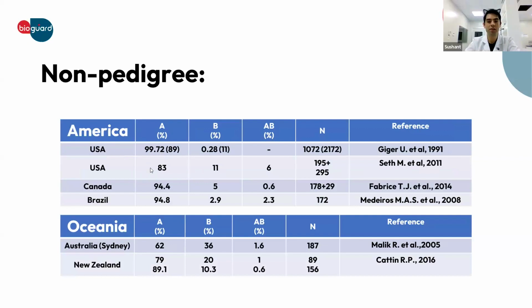There are two studies kept here, one showing 99% and one 83%, as well as in Canada and Brazil, where the A percentage is also the highest. You can see the same in the Oceania countries as well.